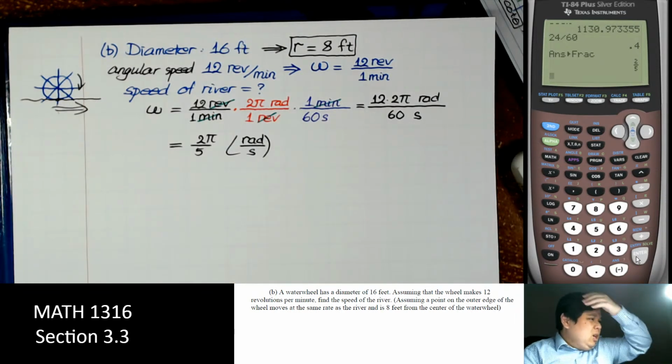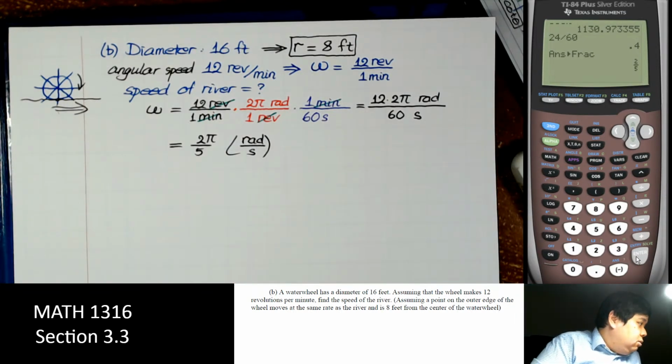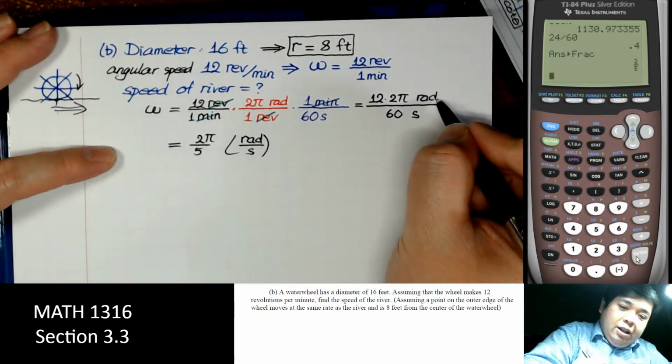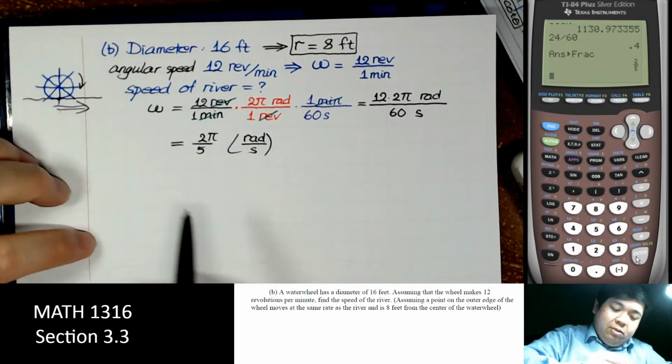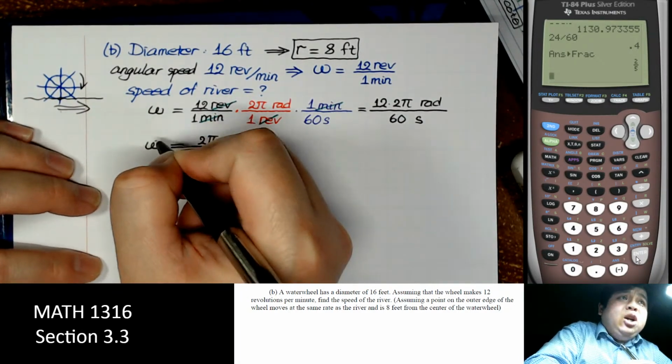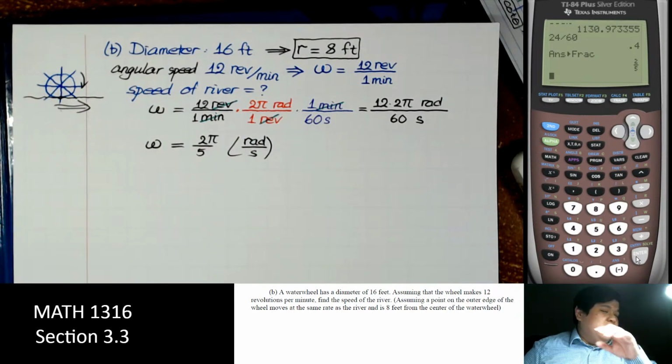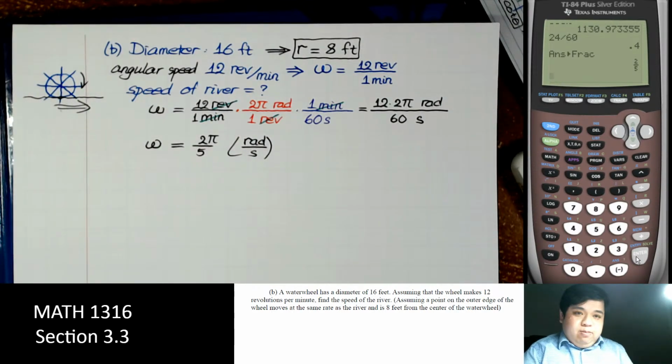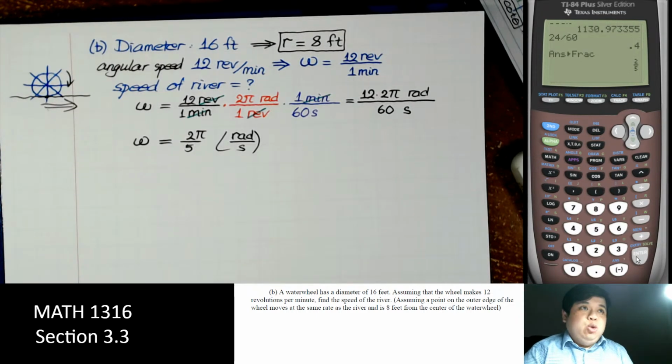I'm sorry, I didn't read the question that you asked, but anyway, that is the angular speed. In the question, when you see it later on the homework or on the test, it will tell you what kind of unit we want.